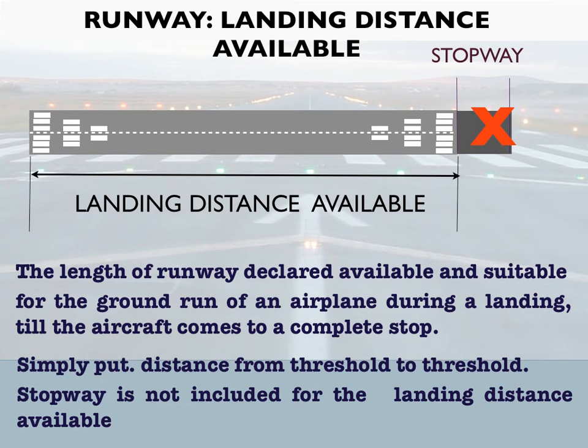Landing distance available. The length of runway declared available and suitable for the ground run of an airplane during the landing till the aircraft comes to a complete stop. Simply put, distance from threshold to threshold. Stopway is not included for the landing distance available.